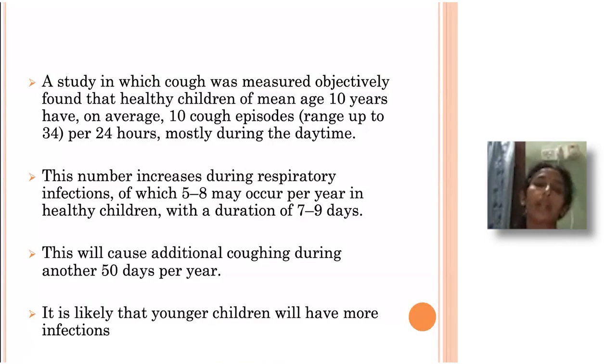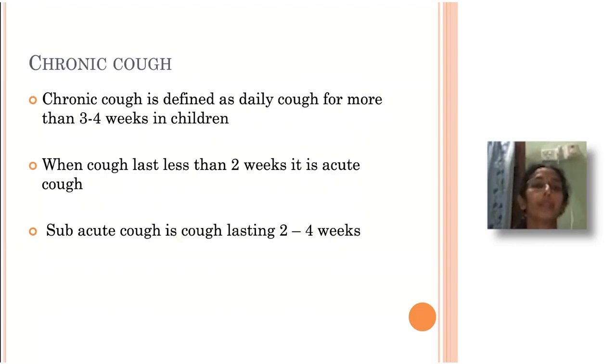A healthy child can get 5 to 8 respiratory infections per year, and these infections last 7 to 9 days. So this will cause additional cough on another 50 days per year. It is likely that younger children will have more infections than older ones. So this indicates how common cough is in children.